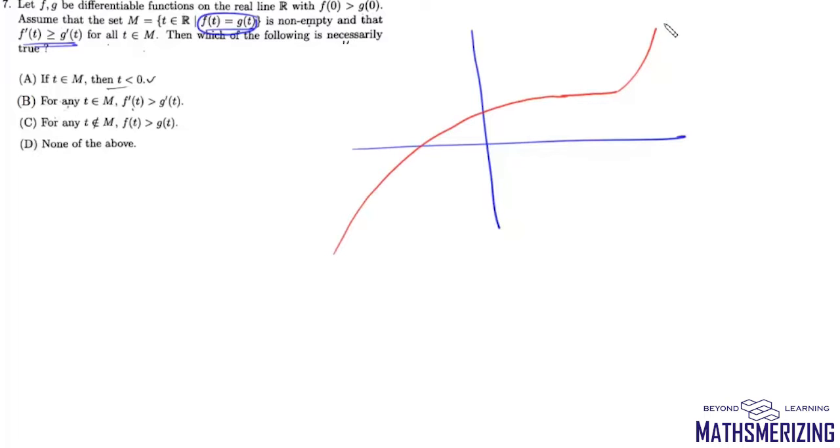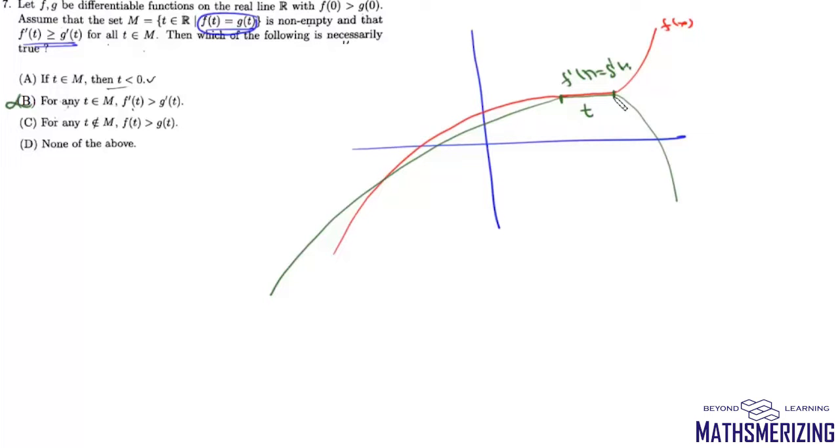Say this function is f(x), and let us consider another function, say g(x), which is also differentiable. Now for any point t in this interval which belongs to this set M, f'(t) is equal to g'(t). So that means option number B may not always be necessarily true.